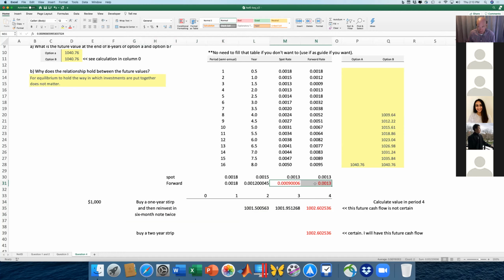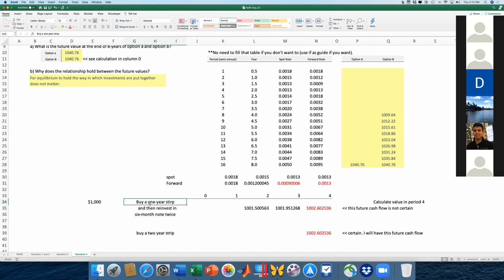Higher or lower? And the answer is, if these rates go up, I'm better off doing this alternative, right? If I believe that in the future rates are going to go up, I would be better off not making as long of an investment and then reinvesting. Conversely, if rates or yields go down, I would be worse off, okay?